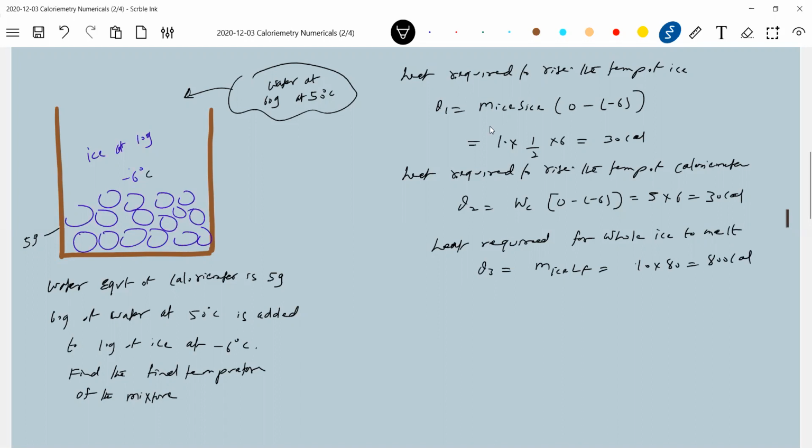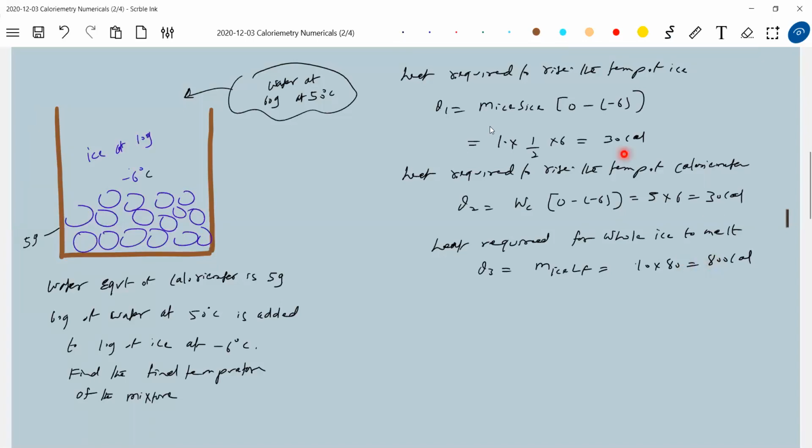Now, how much should the temperature of water decrease for this to happen? If the temperature of water goes from 50 to 0, how much heat is available? 3000 calories. But how much is needed for this to happen? 860 calories.